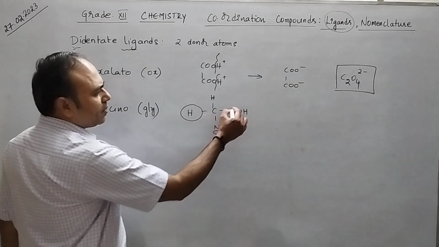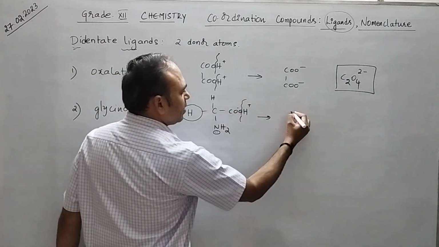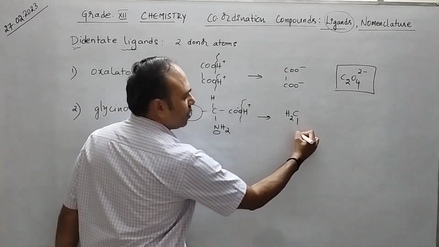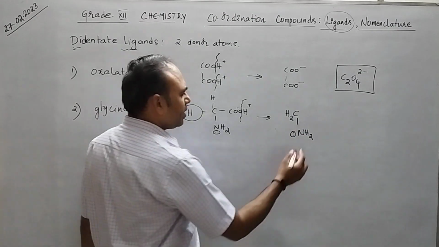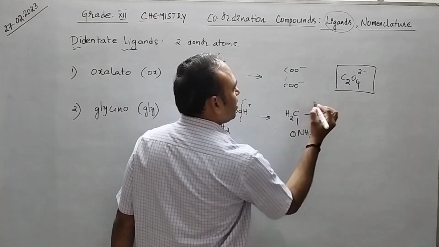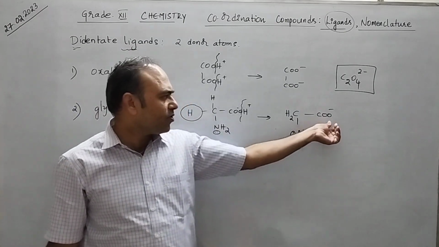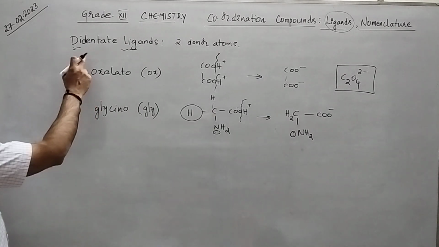In this amino acid, again you remove H plus. Then what do we get? CH2 as such. Here you have NH2, nitrogen with one lone pair, and COO minus. So we have two donor atoms, one is nitrogen, another one is oxygen. Hence you call this glycino a didentate ligand.